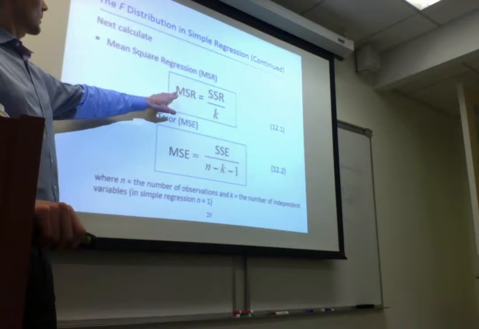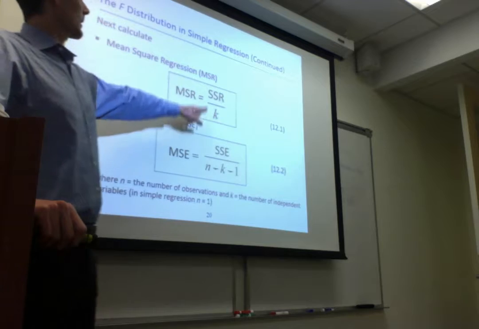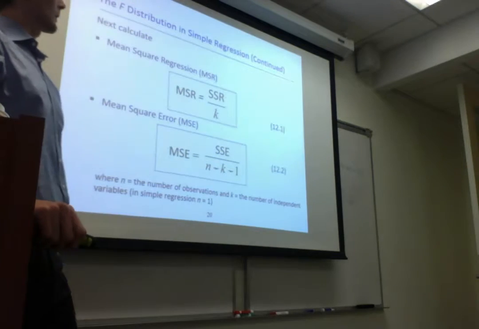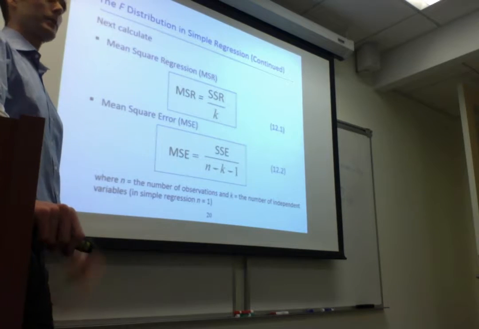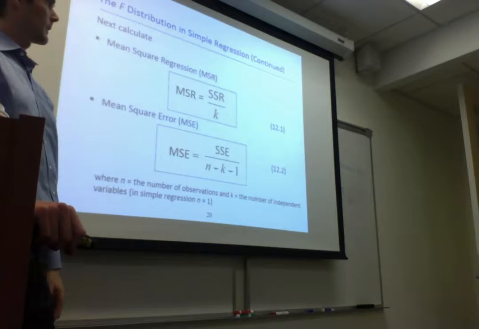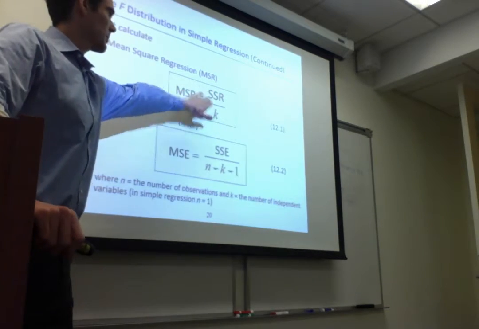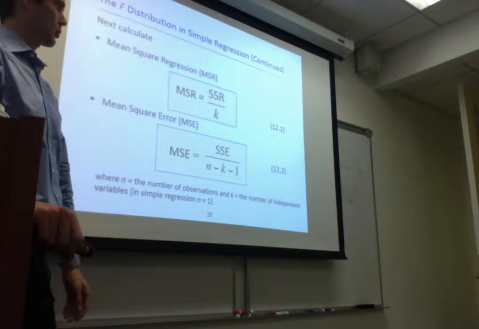So, as I mentioned, this mean square regression is the SSR divided by K, which is the number of independent variables. In our example with the printout, it was 2 independent variables, field goal percentage and turnovers per game. So we just divided the sum of squares regression by 2. We got the mean square regression.